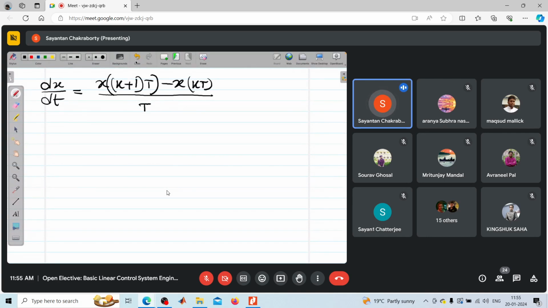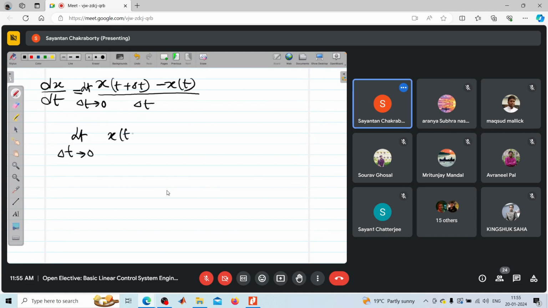Or not k plus 1. Normally we do not use it like this. You can think of this as follows. And this is obviously non-causal, and the causal one will be different.